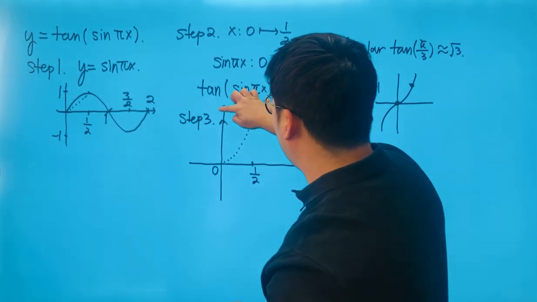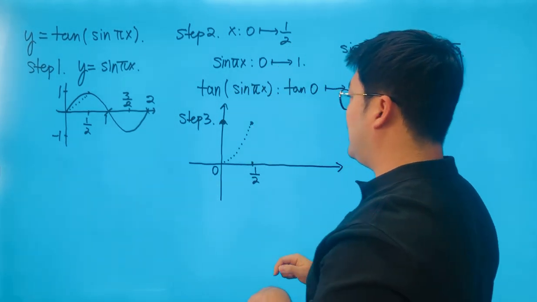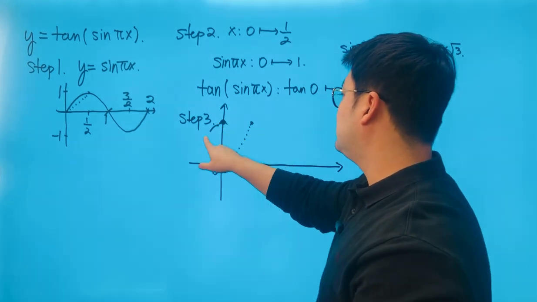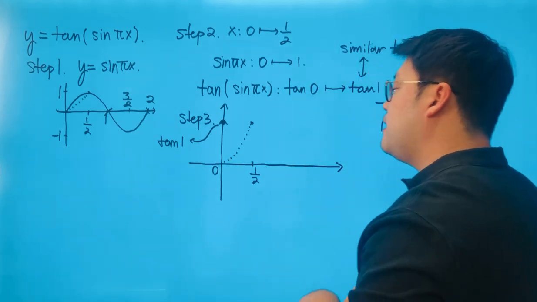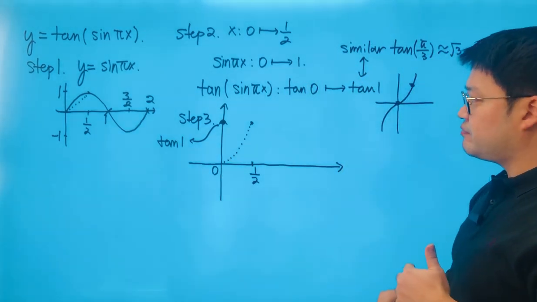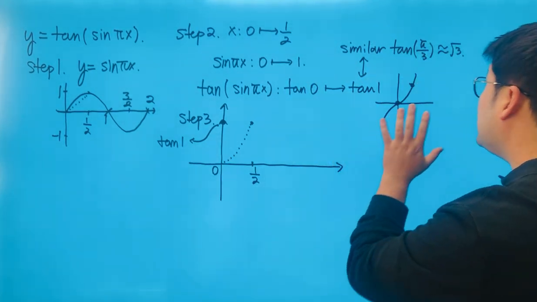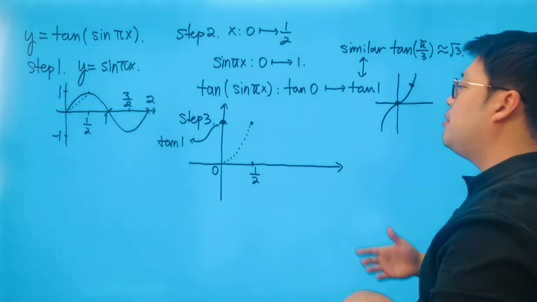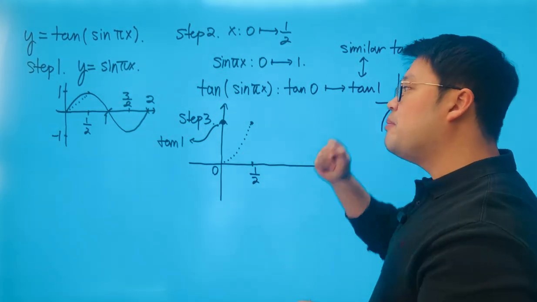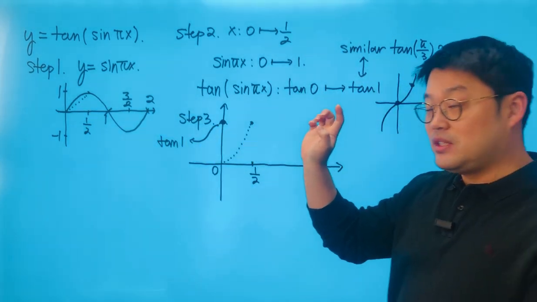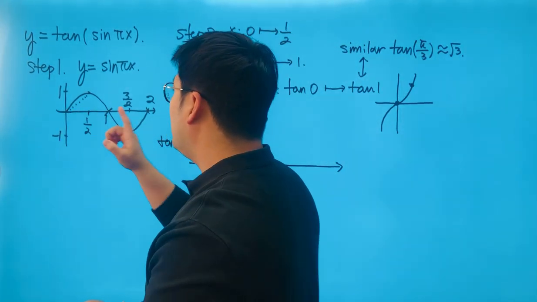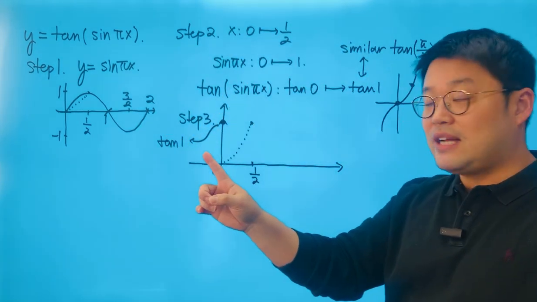Let me sketch that. This value will be tangent 1, which is roughly root 3, a little bit smaller than root 3. That would have been the regular tempo, but look at what has happened out there. It spikes up faster.